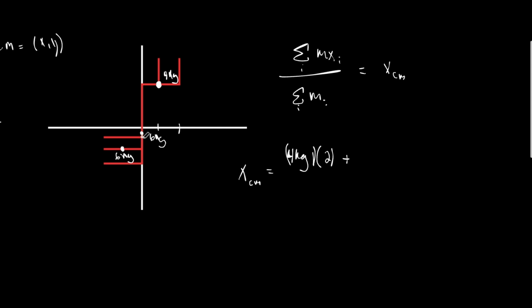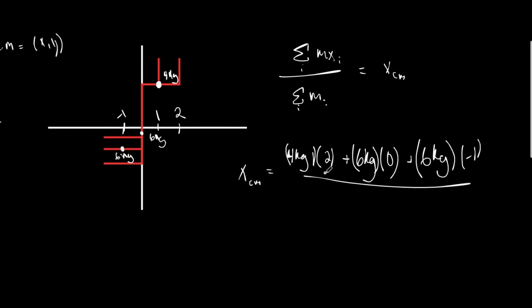The x is 0. We're still at the y-axis. We haven't moved right or left. So this is still 6 kilograms, however we're multiplying that by 0 because we don't move right or left at all. Plus 6 kilograms, and for this, we're at 1 unit, -1, 1, and 2. So this is multiplied by -1.